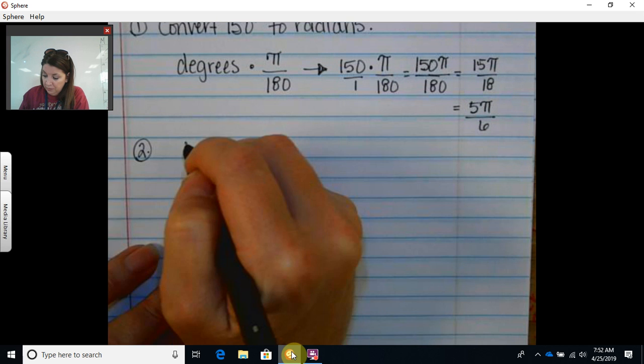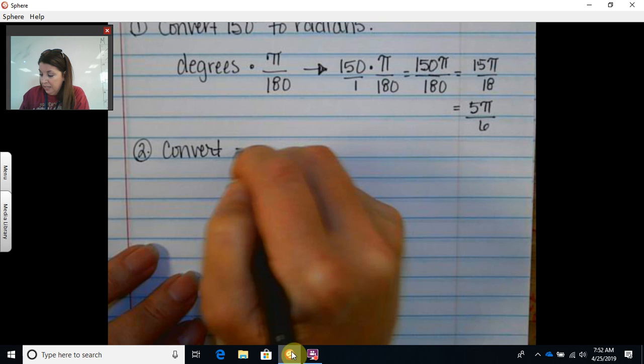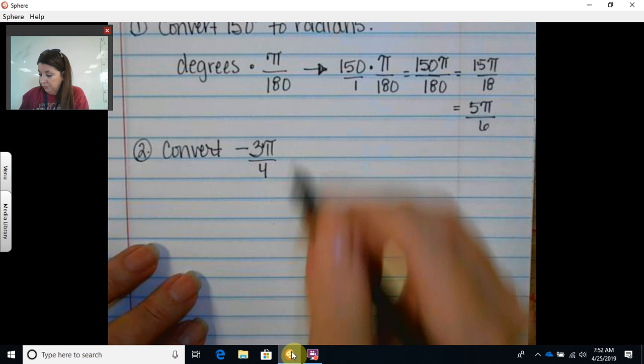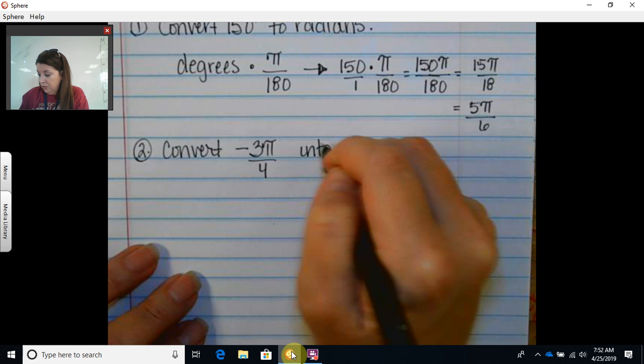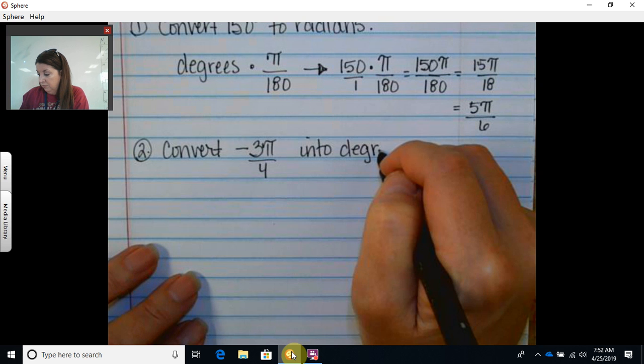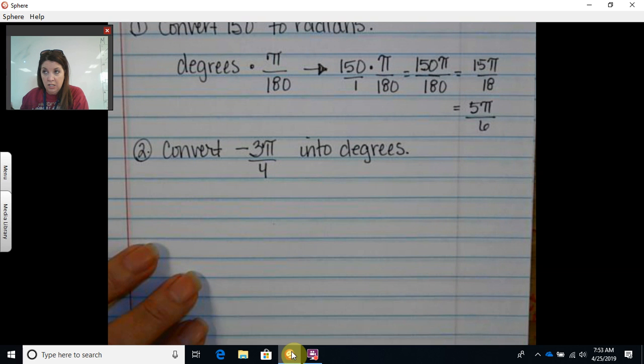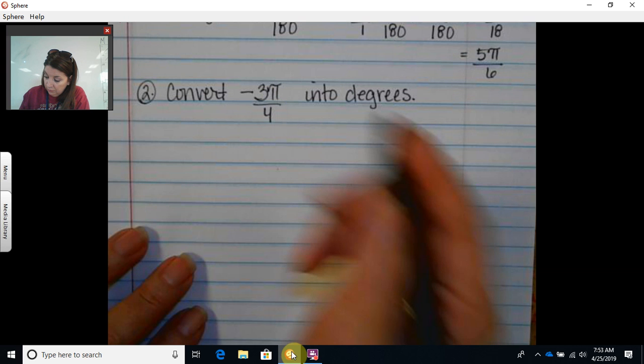Convert negative 3 pi over 4, so you know that would be a clockwise rotation, into degrees. So remember, to go from radians to degrees, you just substitute in 180 wherever you see pi.